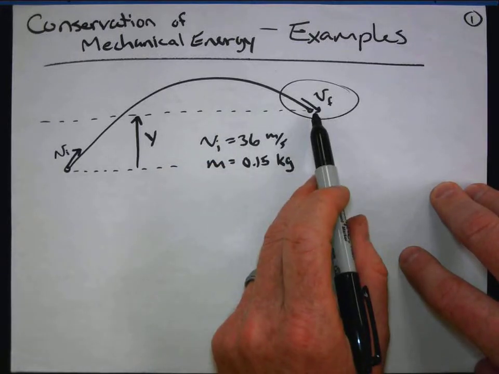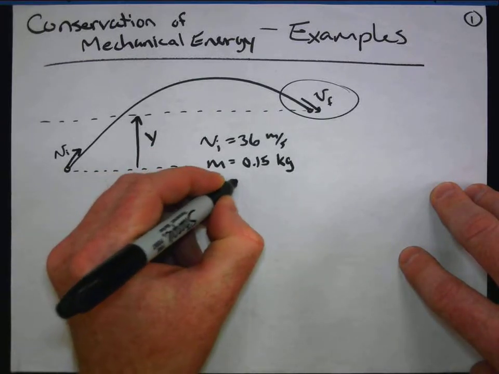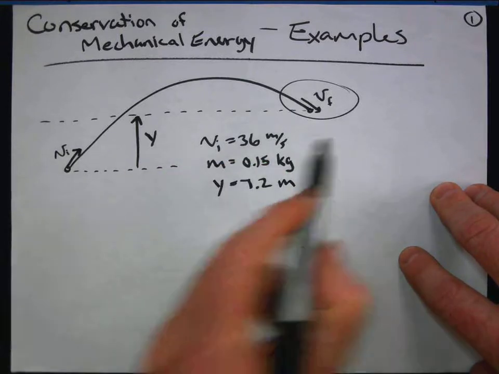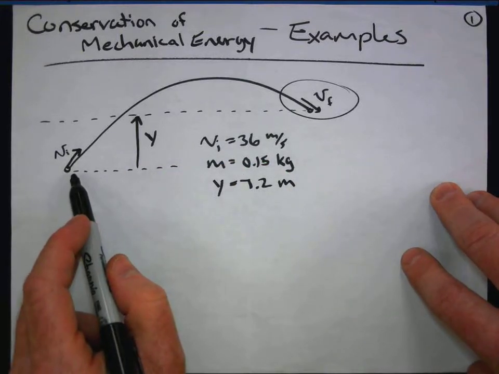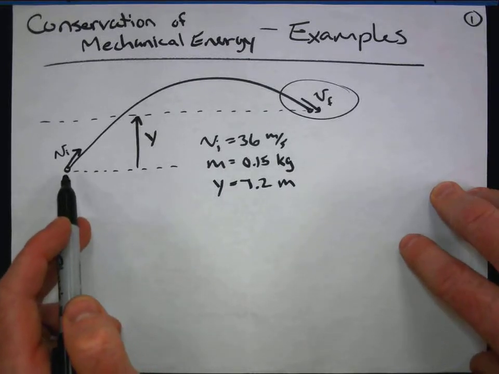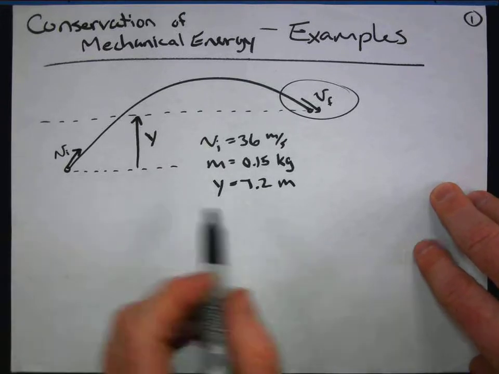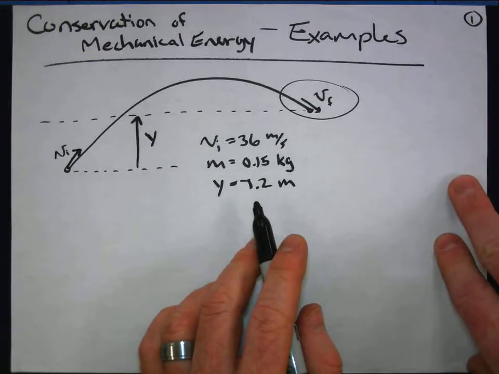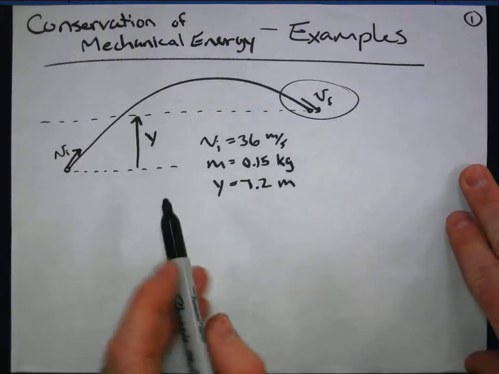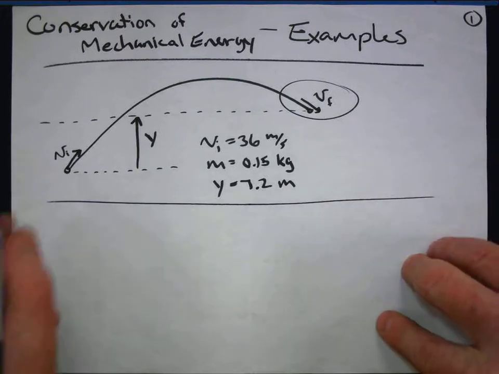The seat for this fan is located, let's call this, 7.2 meters above where it is hit from the bat. Now it sounds like an odd number, but the bat might be some sort of arbitrary or random distance above the ground, depending on who's holding it, how they're swinging, and so on. Not too important. We have that distance. So we're looking for this final velocity. Okay. So there is our situation so far.